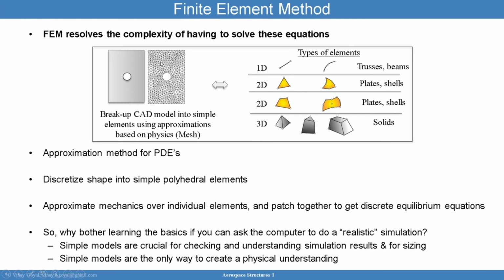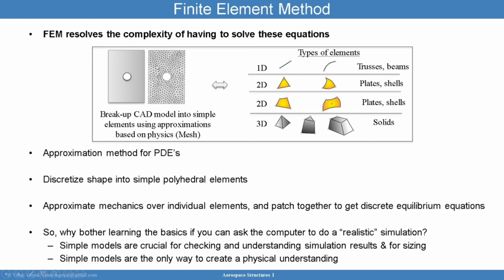We call them elements because I've taken this domain and divided it into subdomains. These subdomains will have either a triangular shape, a quadrilateral shape, and if I go to 3D structures, I can discretize the subdomains into tetrahedrons and hexahedrons.